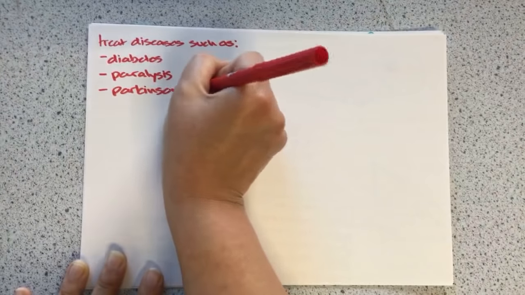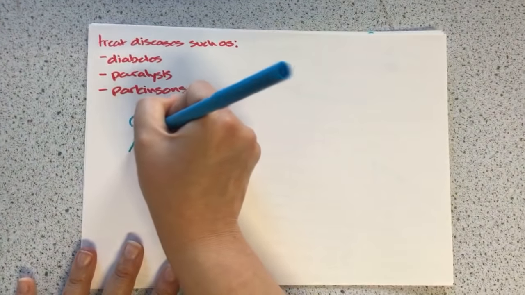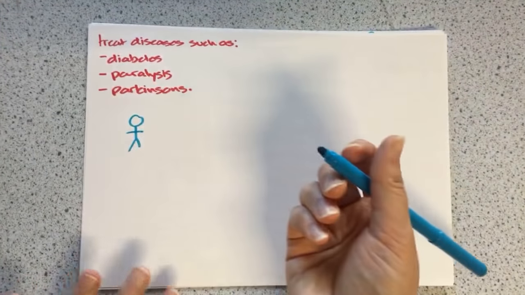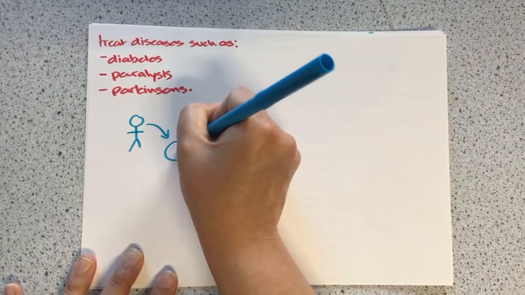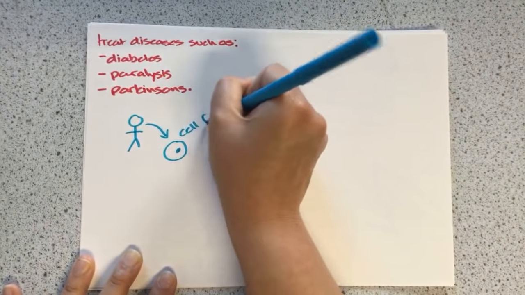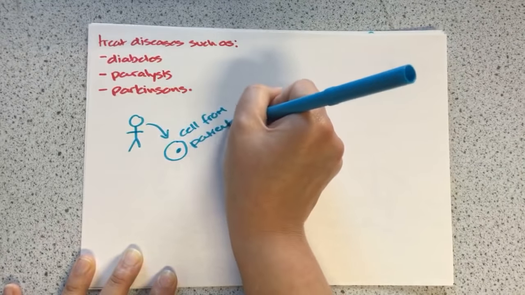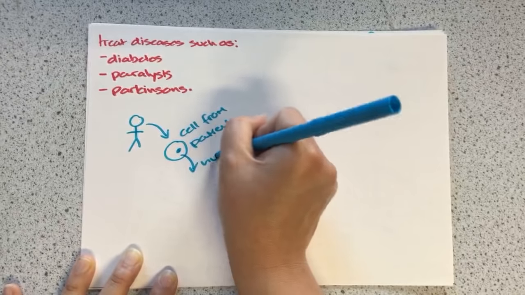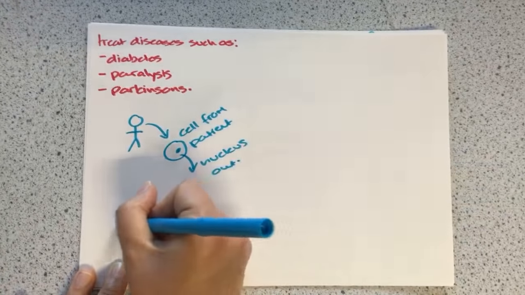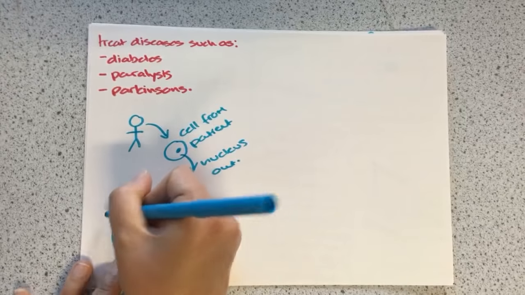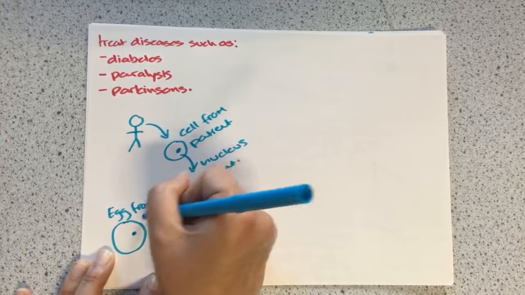So, in therapeutic cloning, what happens, you have got a patient, so this is our poorly patient, and you take a normal body cell from the patient. So cell from patient. You take the nucleus out, and you get an egg cell from anyone, from a donor. So egg from donor.